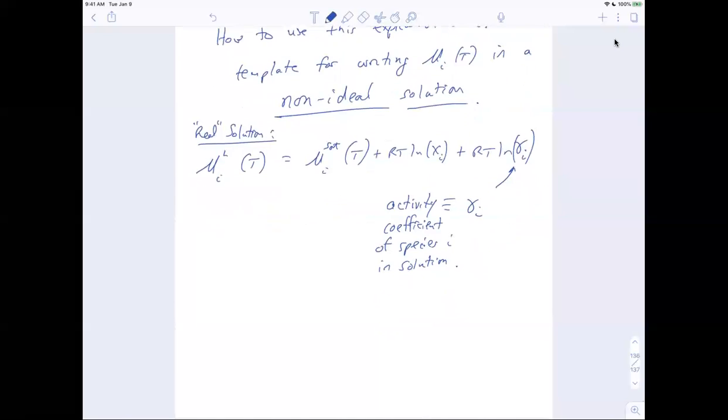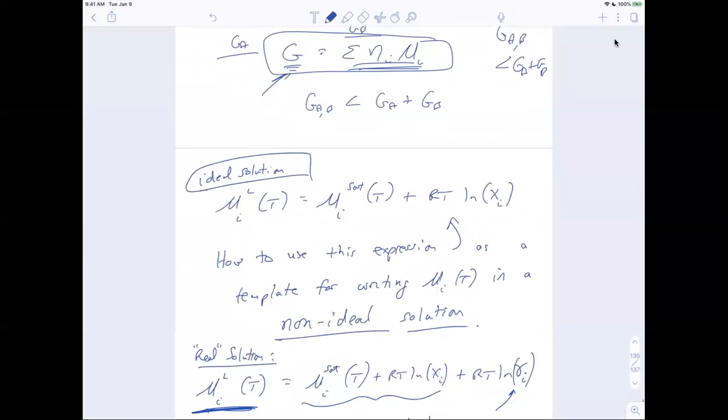And what we see here is that this gamma I represents some departure from non-ideality. So this guy is the chemical potential of a species I in a real solution. We know that this guy is just the chemical potential of a species in an ideal solution, just from up here, okay?